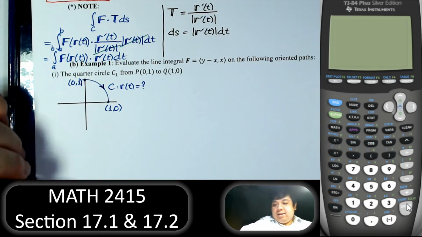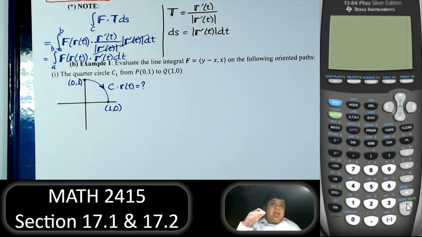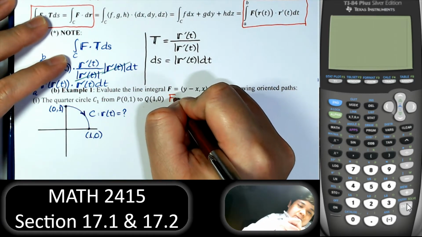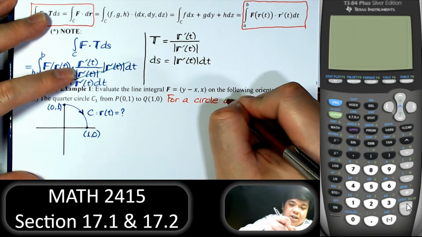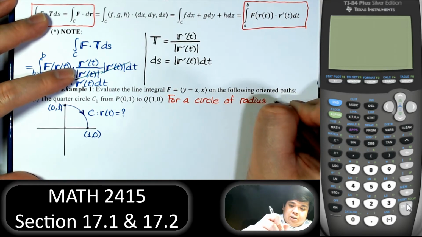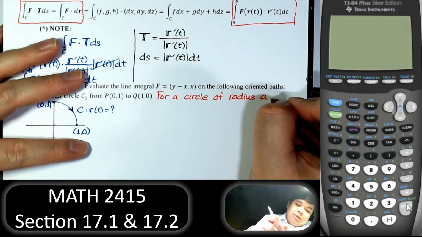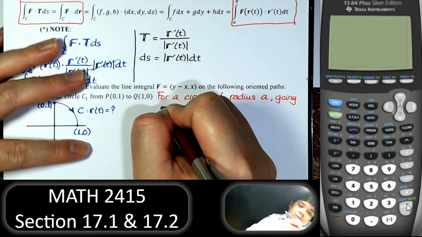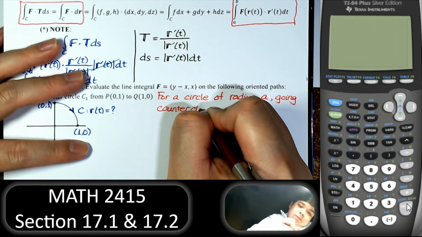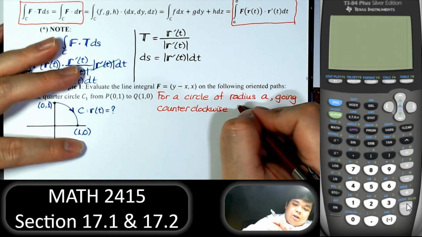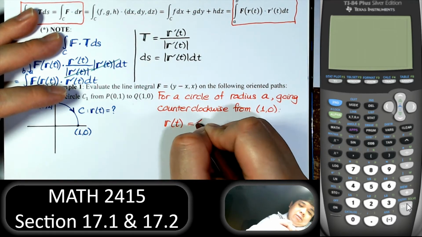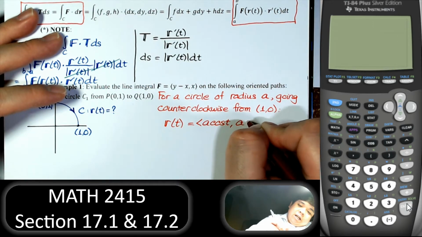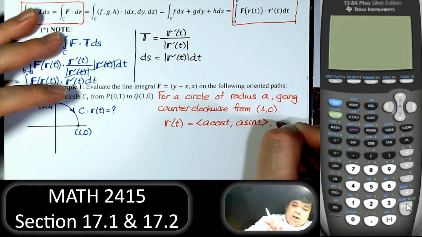So how do we parameterize that? Usually, if it is a circle of radius A going counterclockwise from (1, 0), it's going to be A cosine t and A sine t, with t between 0 and 2 pi.